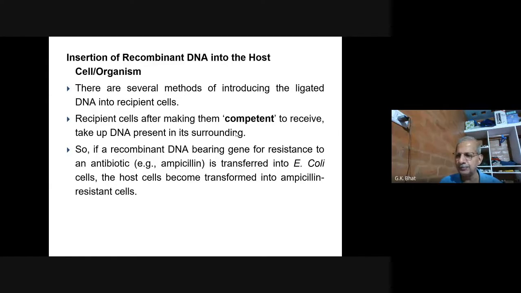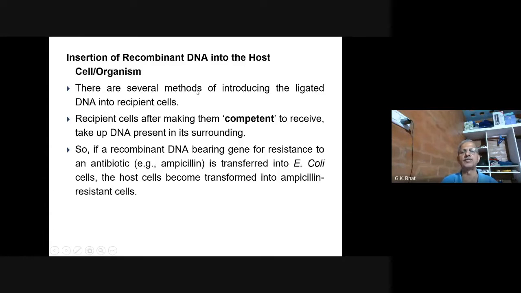Okay, shall we go ahead? Now, insertion of recombinant DNA into the host cell or organism. What you have to do is insert this into the host cell. We have got multiple copies of the gene of interest.